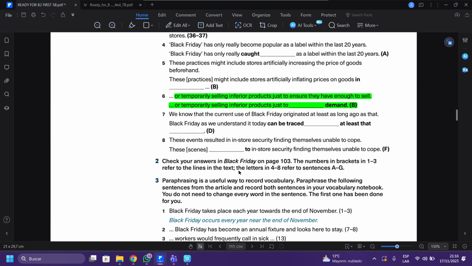If you talk about something that can be traced back, it means se remonta a. Can be traced back. Yes. At least that far. Hasta allí.